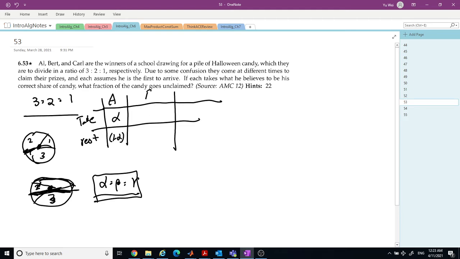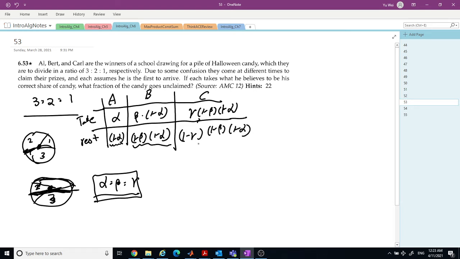When B comes here, he assumes 1 minus alpha is the whole, so he takes beta of the rest. The rest will be 1 minus beta of the rest. When C comes here, he takes this as the whole, so it's gamma times 1 minus beta and 1 minus alpha. So the rest will be 1 minus gamma, 1 minus beta, 1 minus alpha.